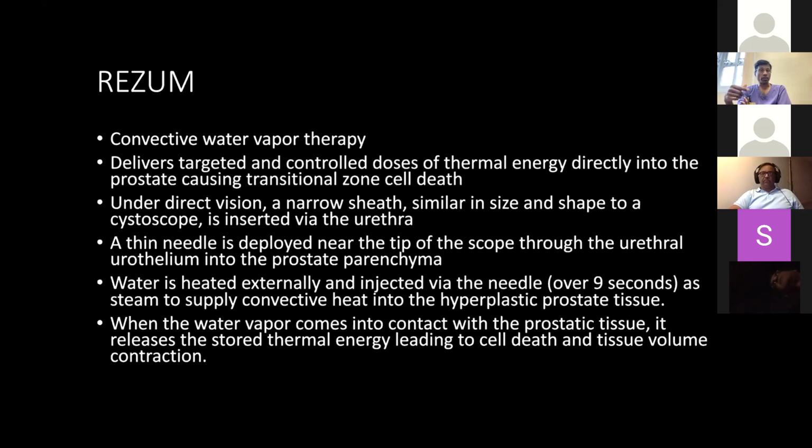Even after TURP, if a patient develops prostate cancer in future years, it's very difficult compared to a naive prostate gland undergoing radical prostatectomy. So it's very important to make sure the patient has no prostate cancer before proceeding with any benign interventions.